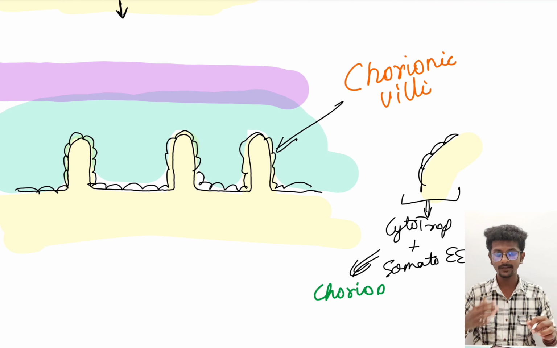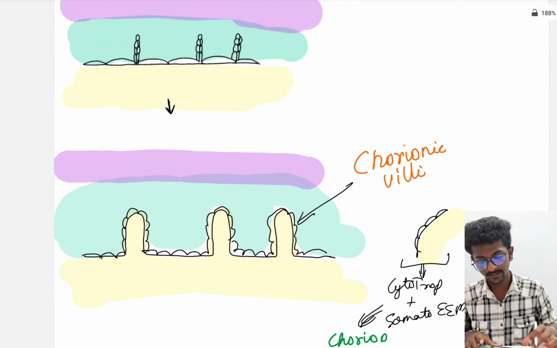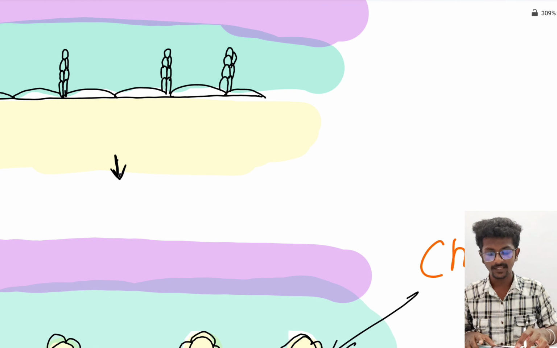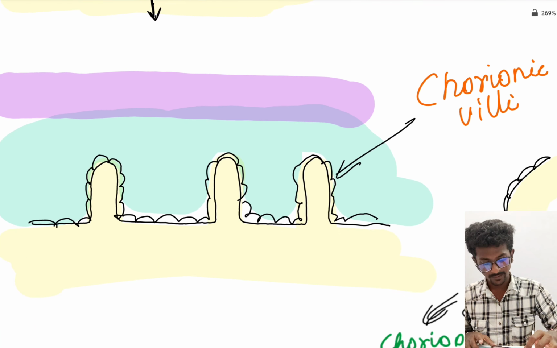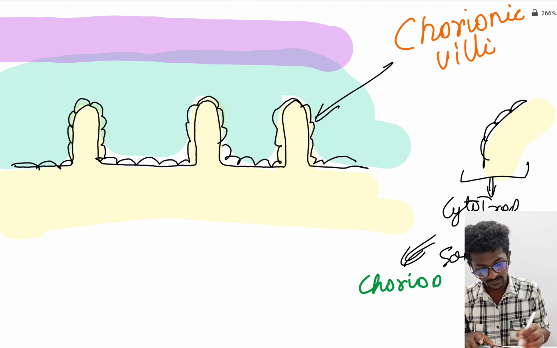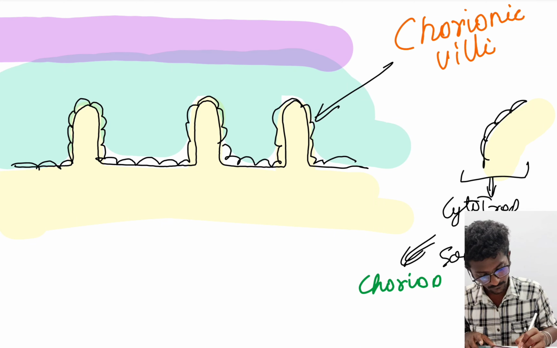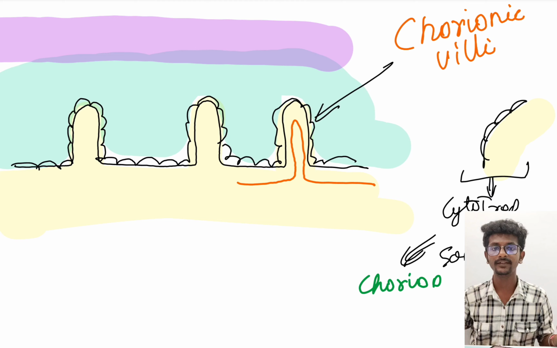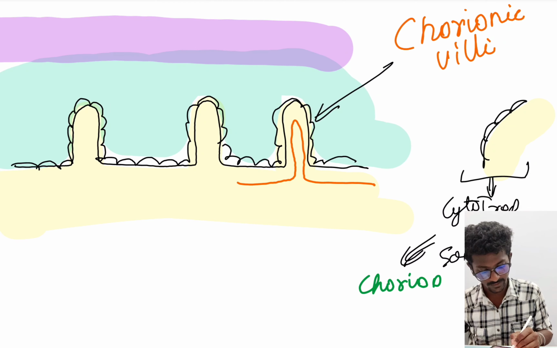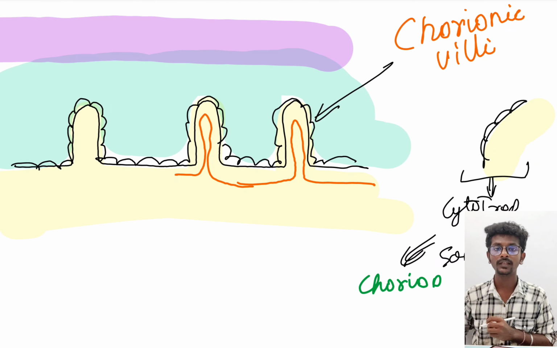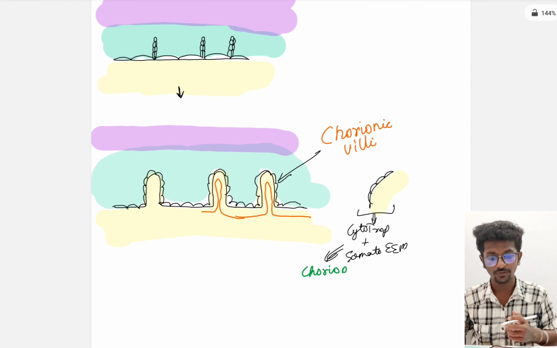These are chorionic villi. This is also chorionic villi. Now what will happen further? Inside these chorionic villi, new fetal blood vessels will be formed and invade them. And this is also chorionic villi.